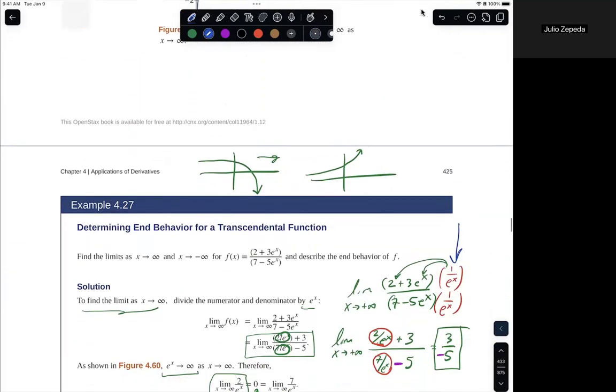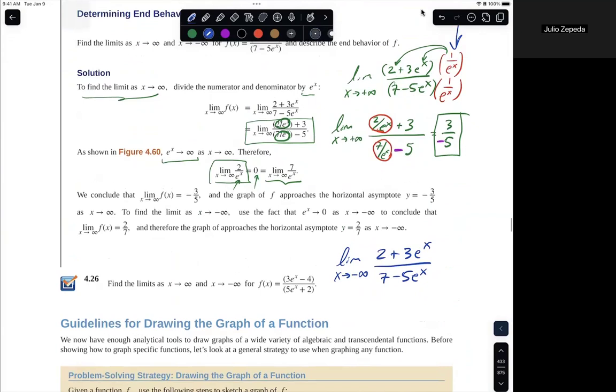And so just automatically by taking the limit, actually, let me split this up. This is the limit as x approaches negative infinity of 2 plus the limit as x approaches negative infinity of 3 e to the x divided by the limit as x approaches negative infinity of 7 minus the limit as x approaches negative infinity of 5 e to the x.